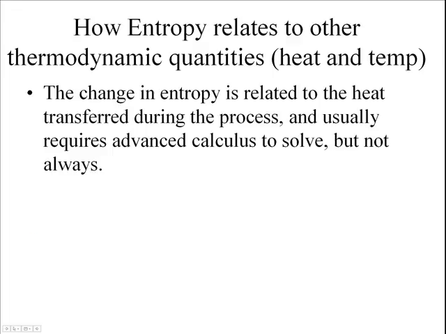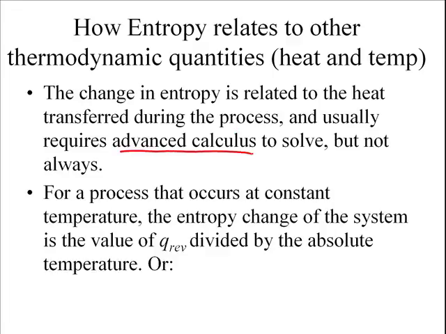Okay, now the change in entropy is related to the heat transferred during the process. Okay, and of course could use some calculus to solve, but not always. We will not be doing the advanced calculus ones. For a process that does occur at constant temperature, the entropy change for the system mathematically can be found by taking the heat exchange, which has to be for a reversible reaction.